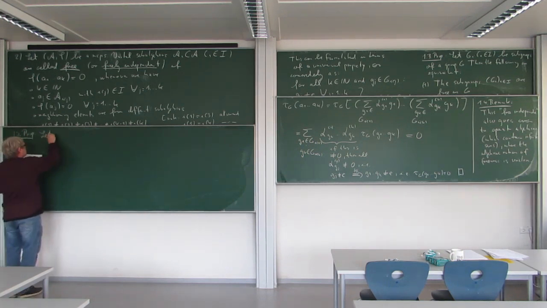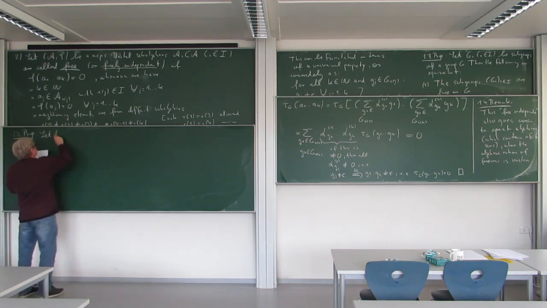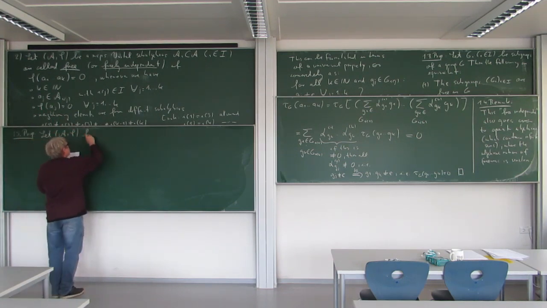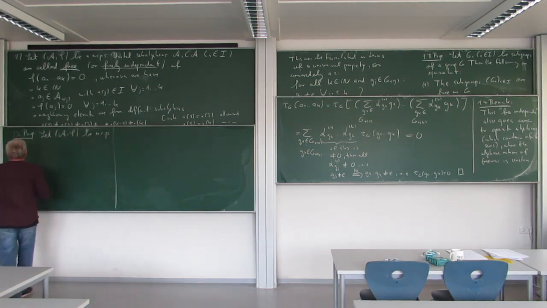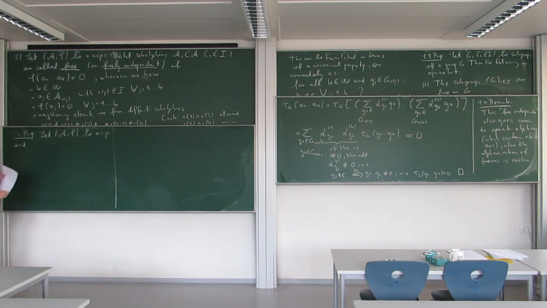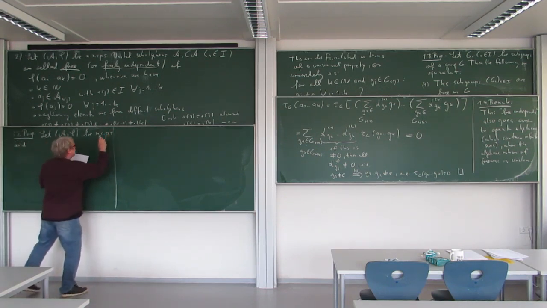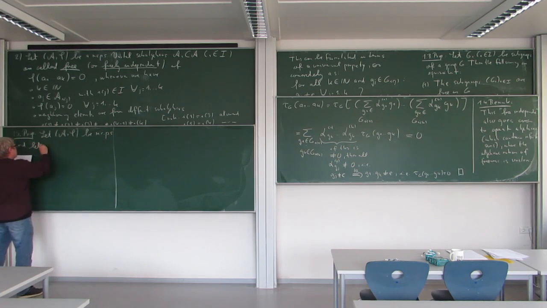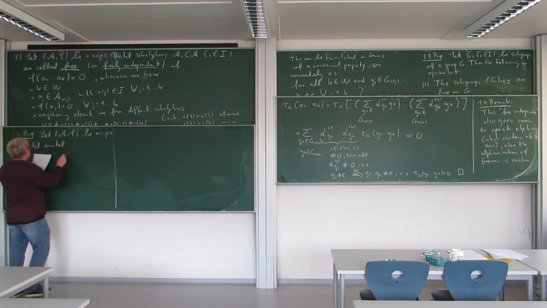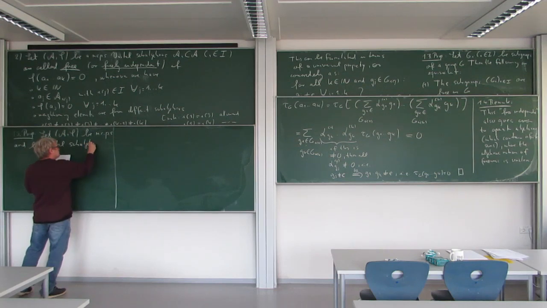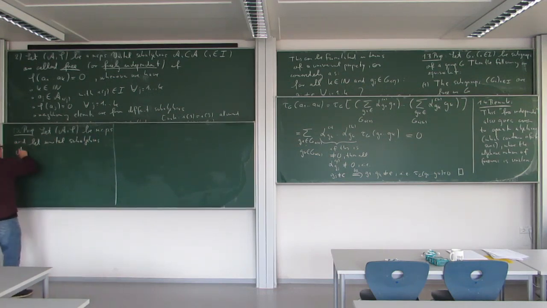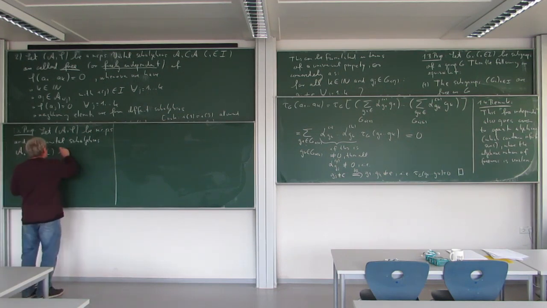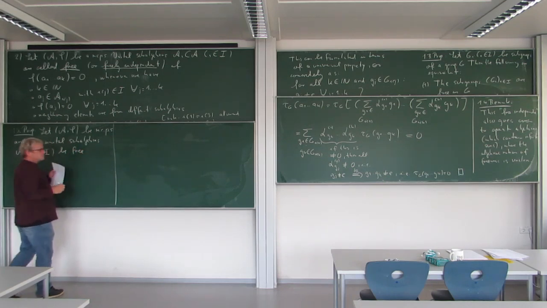Proposition. So now we are back to the general frame. So we have a non-commutative probability space, and assume that we have unital subalgebras A_i, with i running over an index set I, which are free or freely independent.